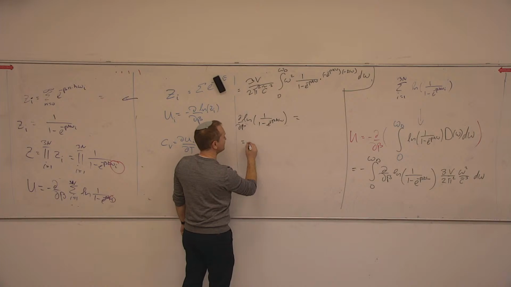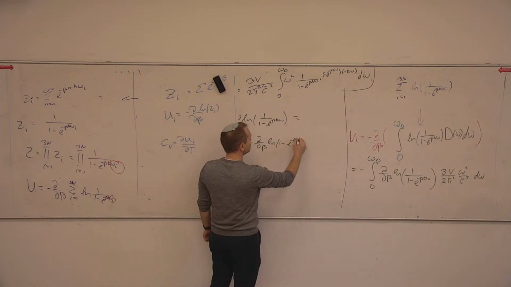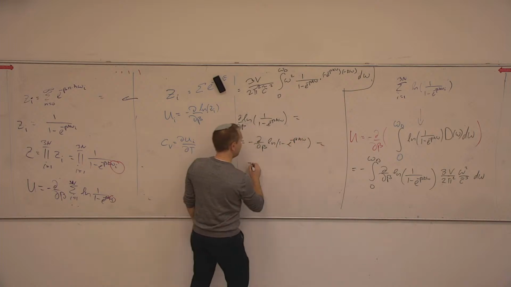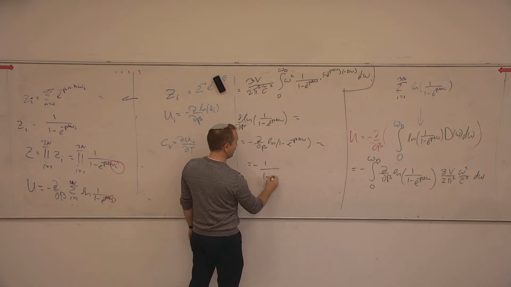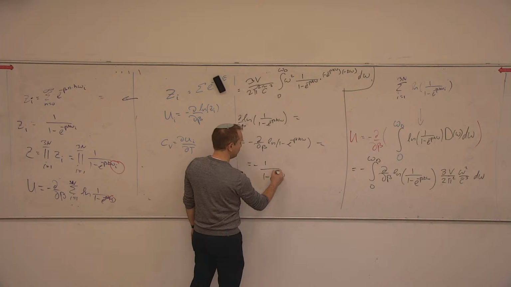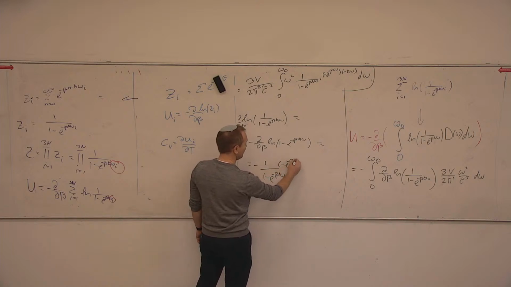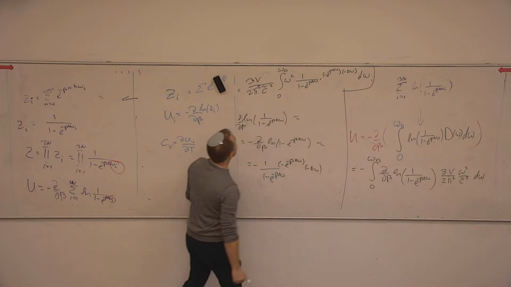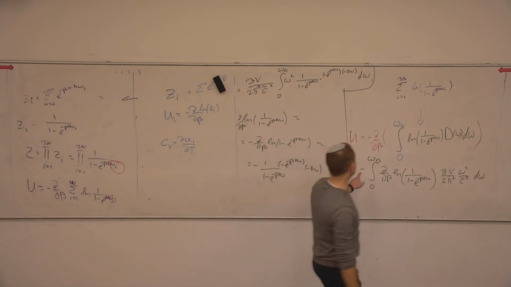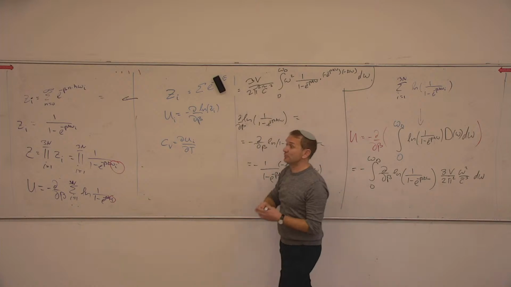So I said it is minus d/d beta of log of 1 minus e to the power minus beta h bar omega, and it equals minus 1 over 1 minus e to the power minus beta h bar omega, and then I had an inner derivative with this minus beta h bar omega, multiplied by minus h bar omega. And remember that I also have an additional minus over here. Therefore, in total, I don't have a minus over there.